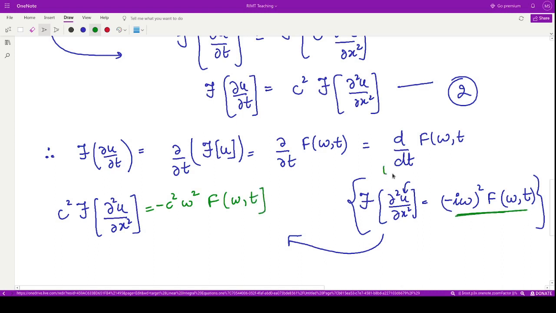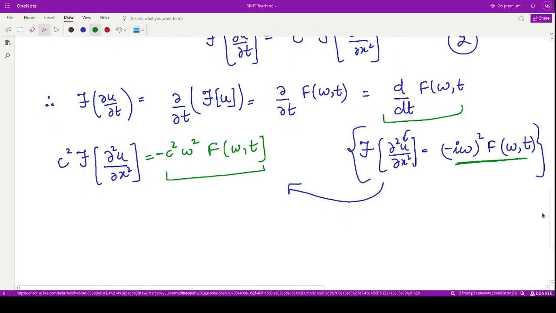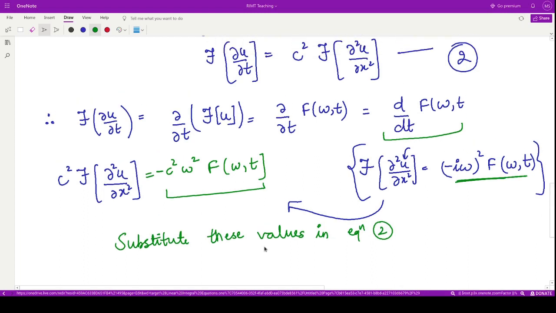So we have the left hand side as this, the right hand side as this. So we can substitute these values in our equation number 2. So therefore, what do you obtain from here?